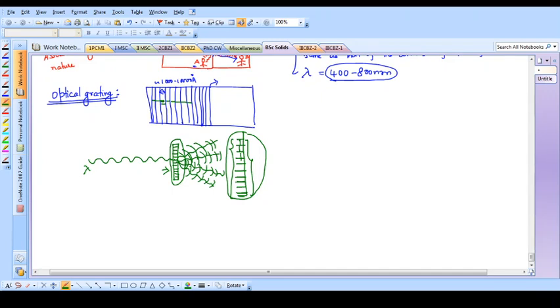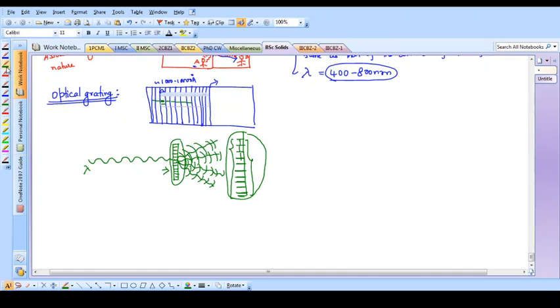So the distance between any two adjacent lines is the same. So there is a systematic, regular, periodic arrangement of lines in the optical grating, and this is responsible for it to behave like a diffraction material.